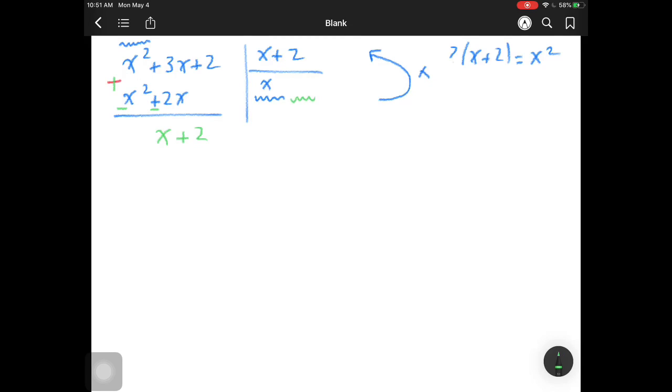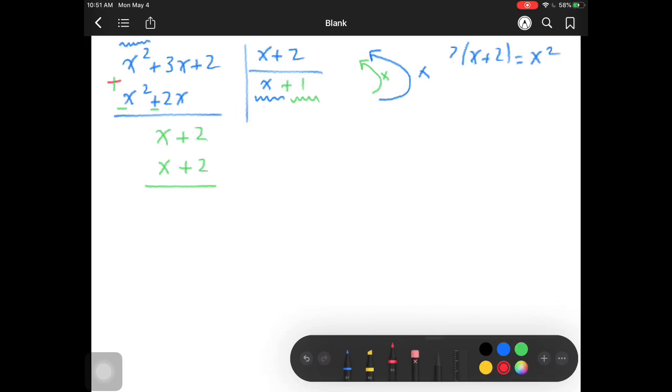Now you want to write something here so that when you multiply it by x plus 2, it starts with x. Always go for the exact same first term. The answer is 1. 1 multiplied by x plus 2. You carry out subtraction.